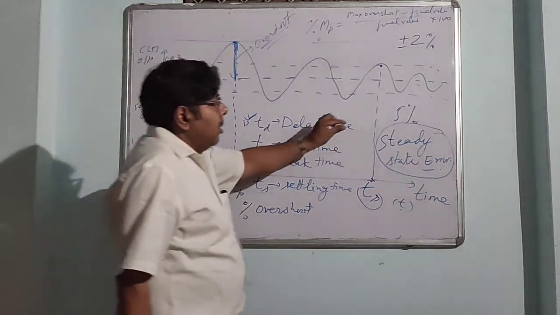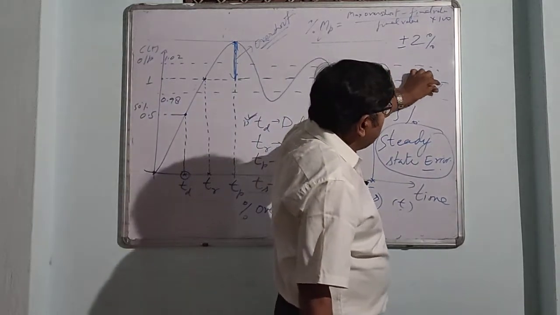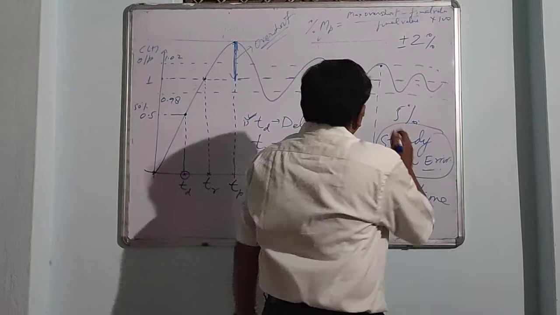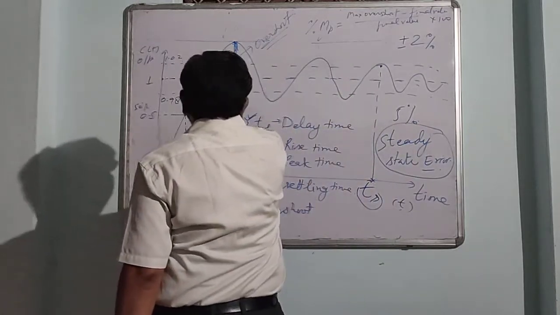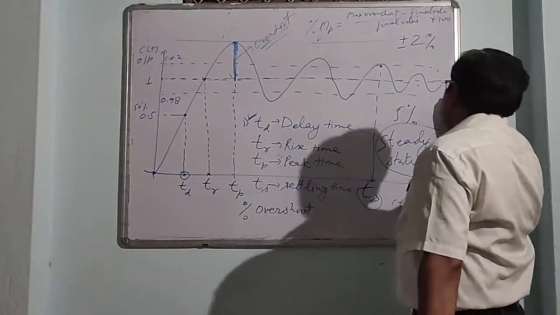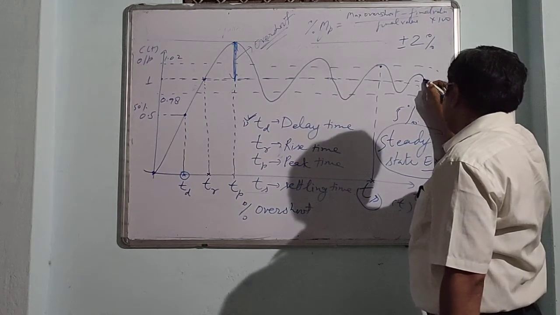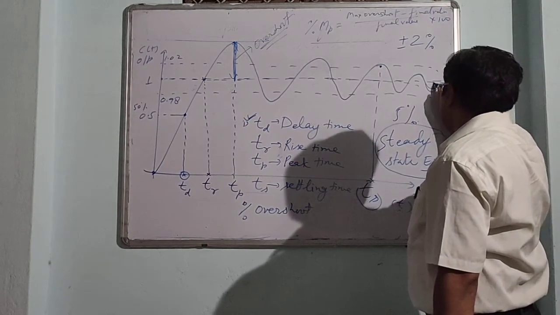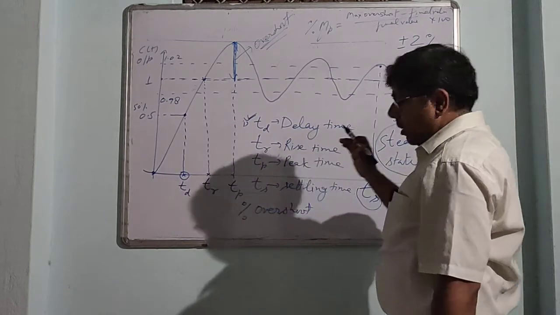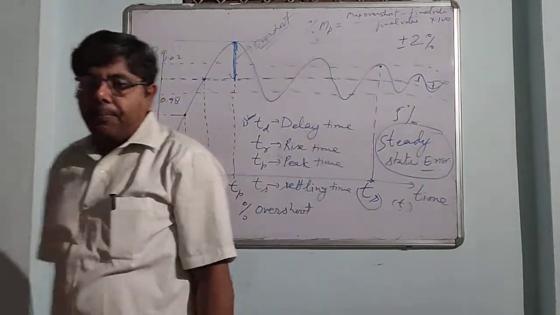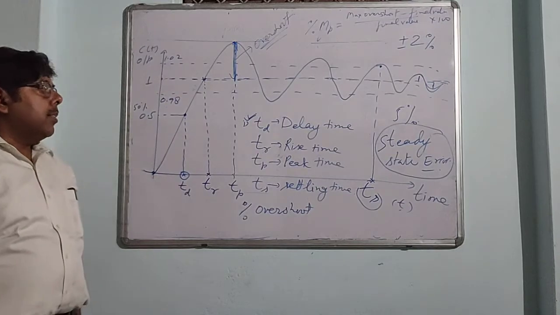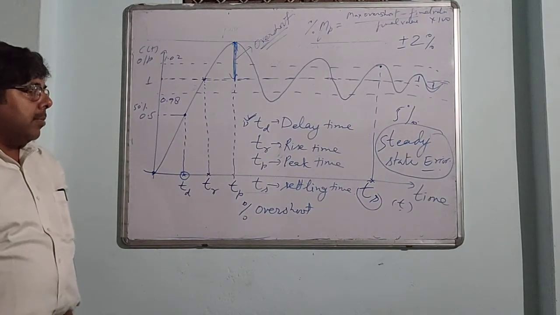Suppose here after some time this dies, but this is the final required value, and there is some error after a large time. Even if this error exists after a large decay of time, then that is called the steady state error.